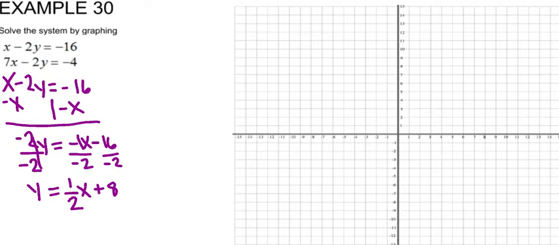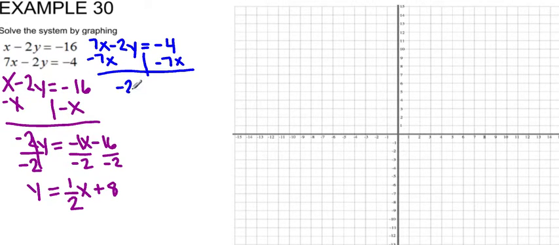I do the same thing with the second equation. 7x minus 2y equals negative 4. I'm isolating the y, so I subtract 7x on both sides of the equal sign. So I have negative 2y equals negative 7x minus 4.